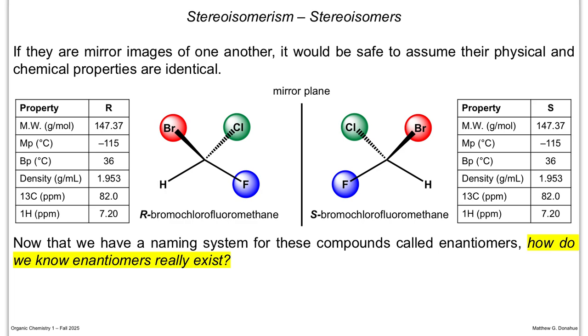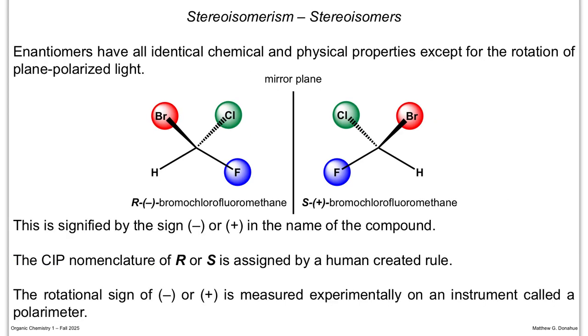So you've probably already done this in lab. The technique that differentiates them is called polarimetry. So you did that in lab, I think, already. I want to just hammer this home: the R and the S, that's a human rule.